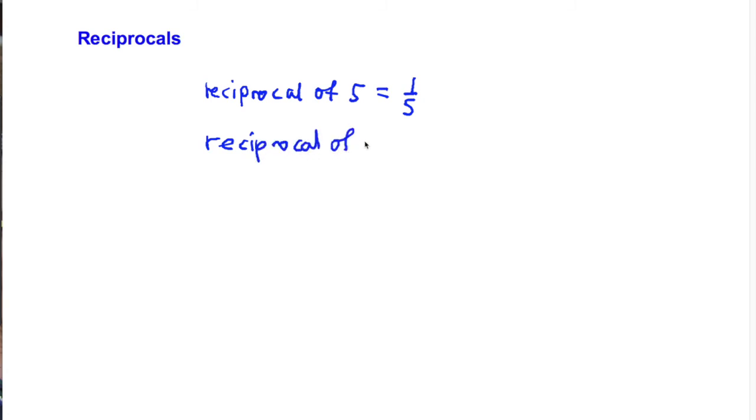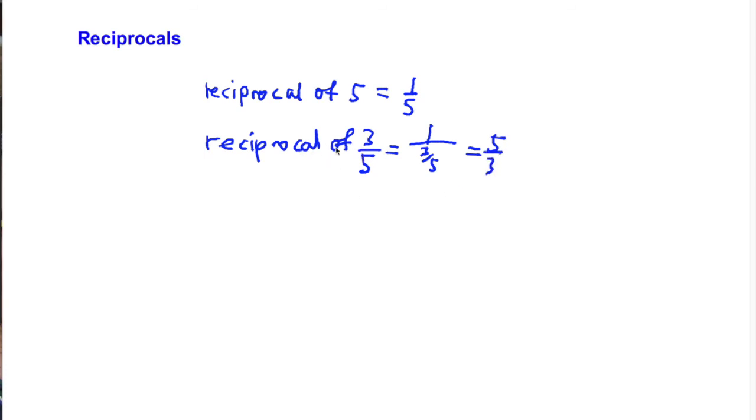We will now look at reciprocals before we begin the topic on inverse proportion using K. The reciprocal of 5 is just 1 over 5, and the reciprocal of 3/5 is 1 over 3/5, which is just 5 over 3.